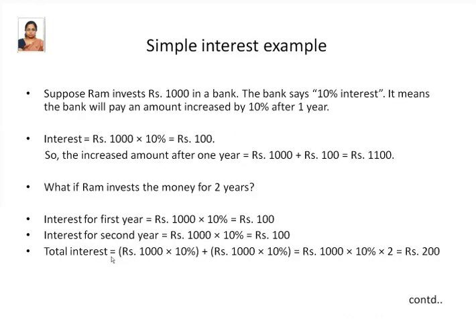Simple interest example. We're going to see one example with which I can explain simple interest. So we'll take one person, Ram, who invests ₹1,000 in a bank. The bank says it is 10% interest. Of course, it is simple interest. That means the bank is going to pay this 10% interest after 1 year. And normally this is indicated as 10% per annum.